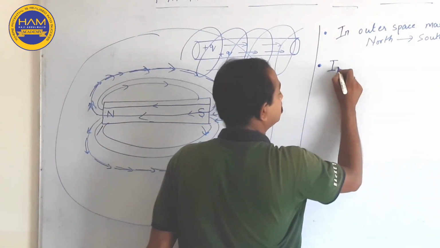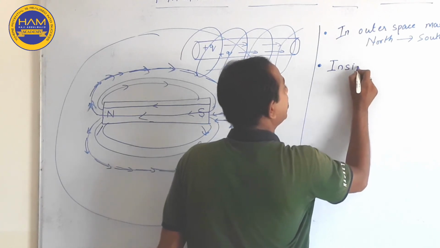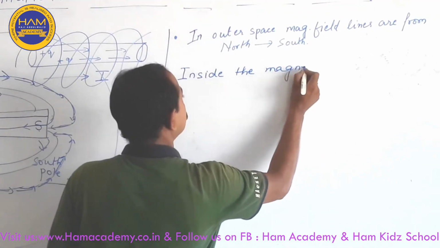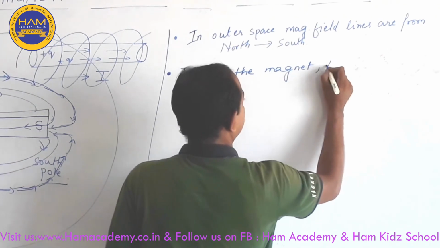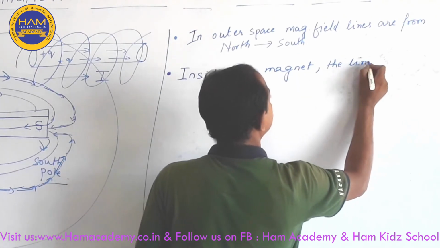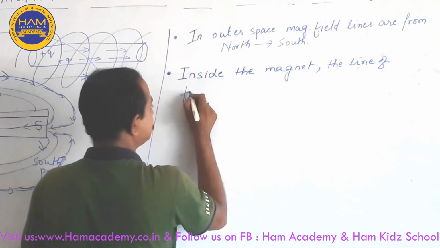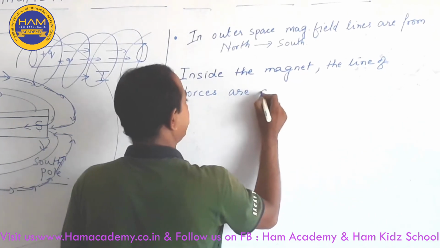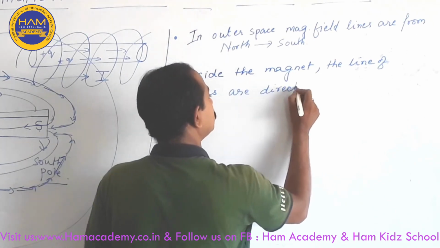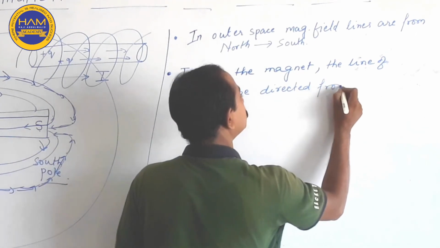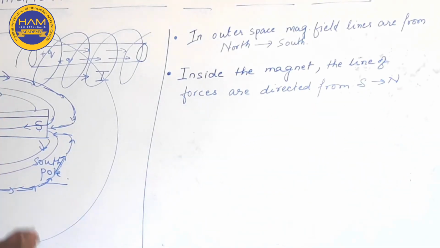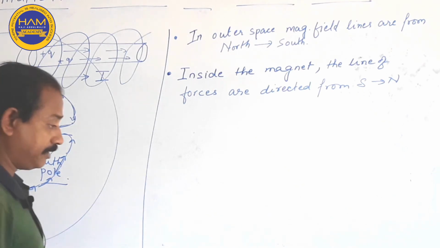We can have a second point: inside the magnet, the magnetic lines of force are directed from south to north. These are the two basic important points with the magnet and the magnetic field.